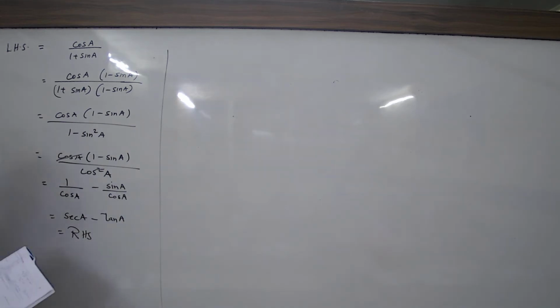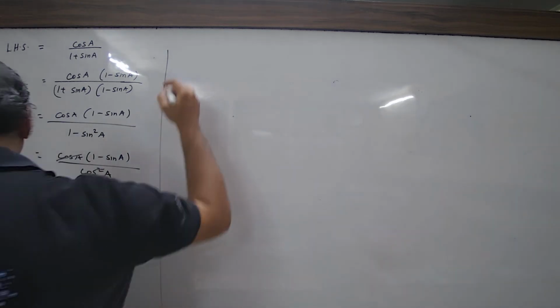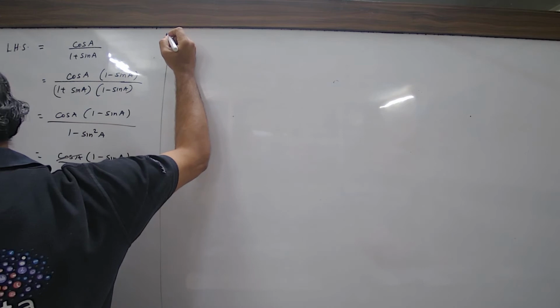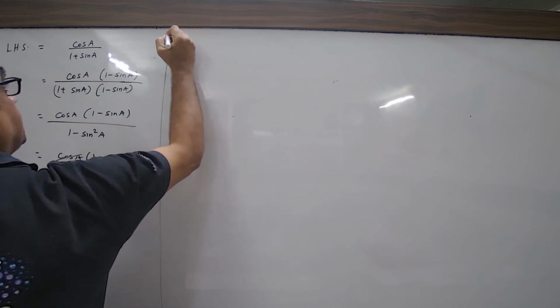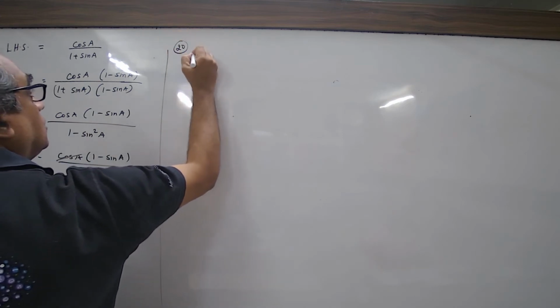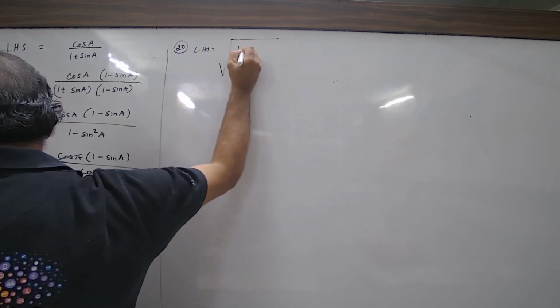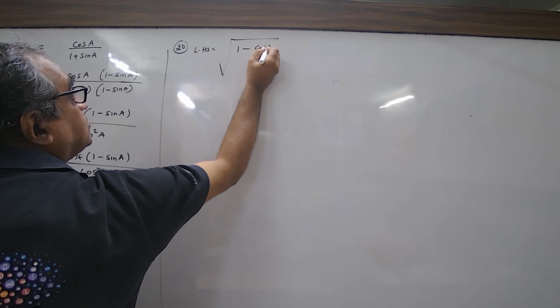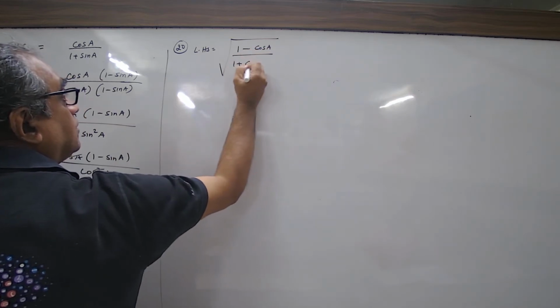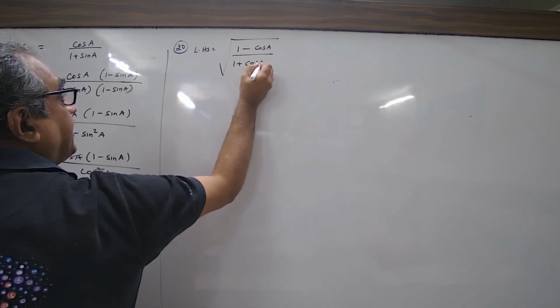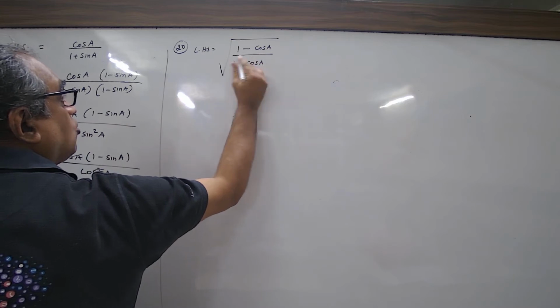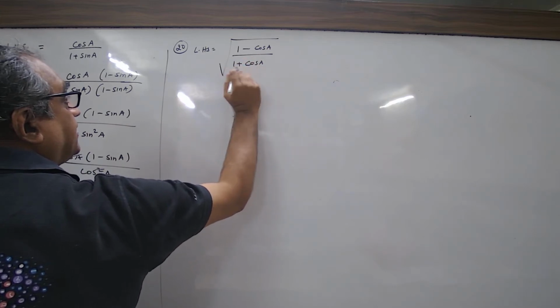Next, root. You got a root sign here on the left hand side. On the right hand side, you do not have a root sign. Moreover, you see on the right hand side, you have 1 plus cos A in the denominator.